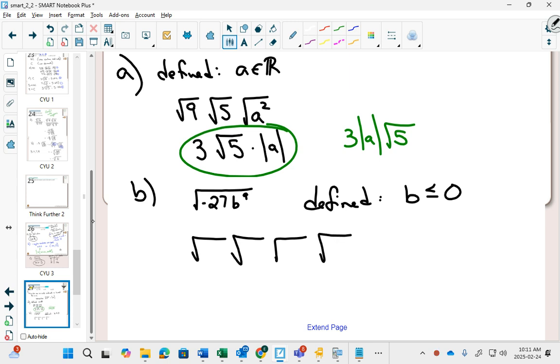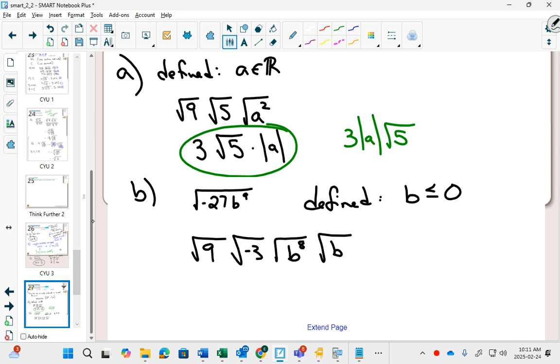I'm going to show you why this is a little bit not allowed. What number divides 27 that's a perfect square? 9 again. So I want to go 9 and negative 3. And then, with the b to the 9, I want to go b to the 8 and b.